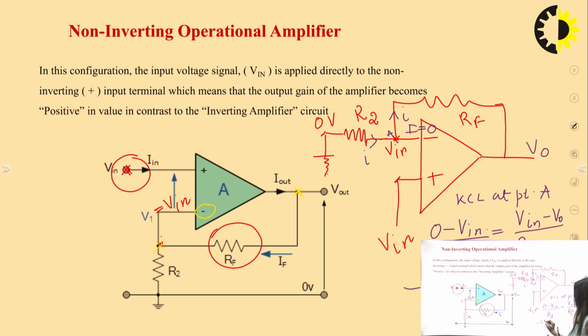Now we will solve this: V in upon R2 minus V in upon RF is equal to minus VO upon RF.